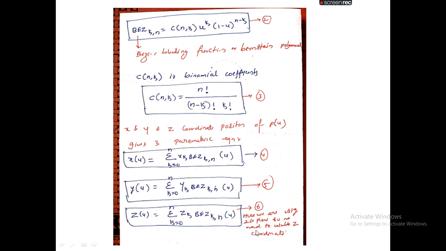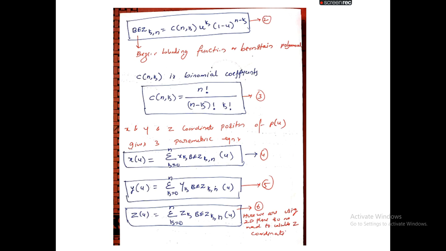Now I wrote one sentence here. We need only these two equations, equation number 4 and 5, to calculate the coordinate position of every pixel, because here we are creating a two-dimensional curve.